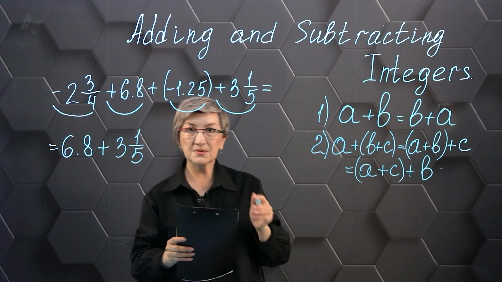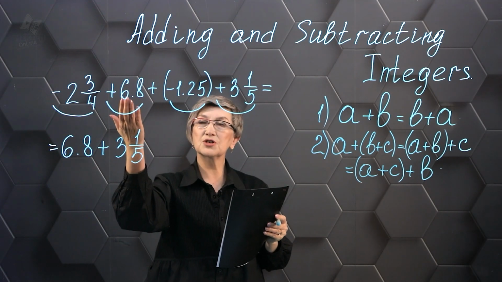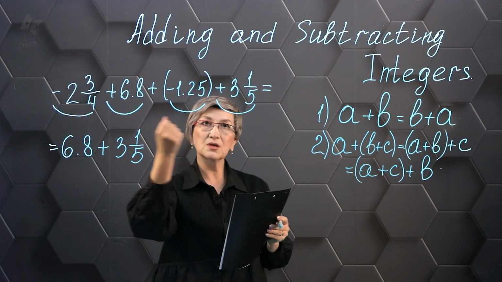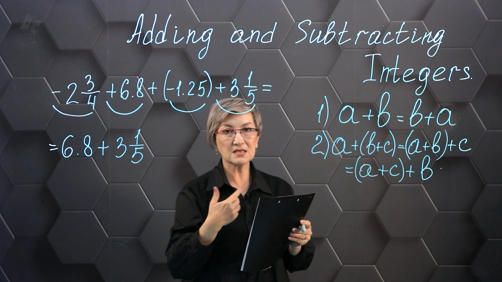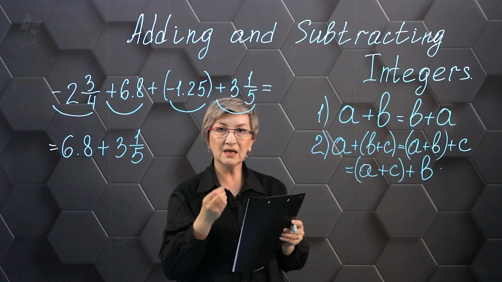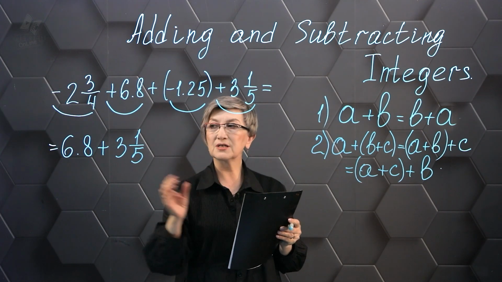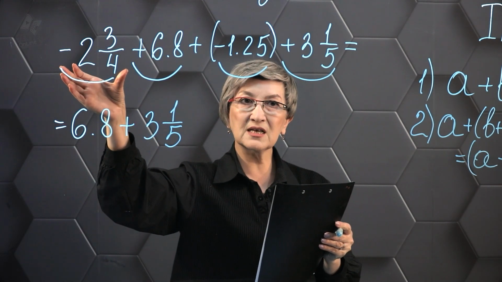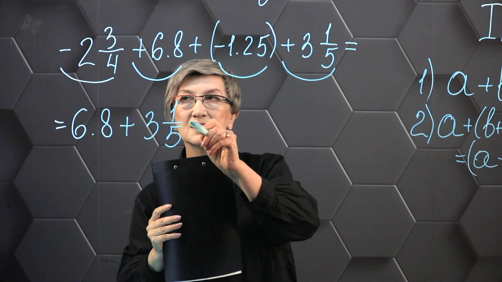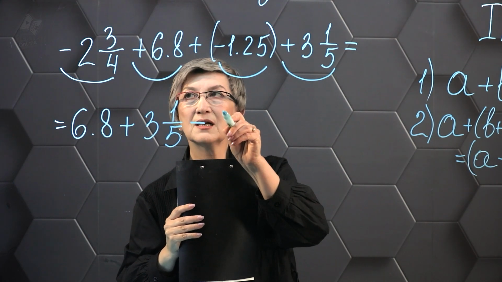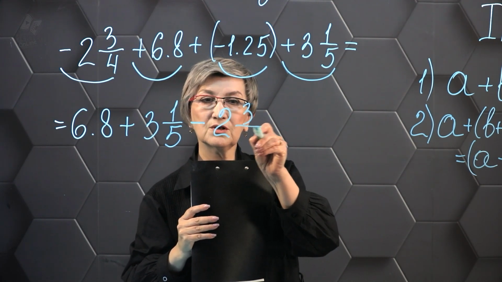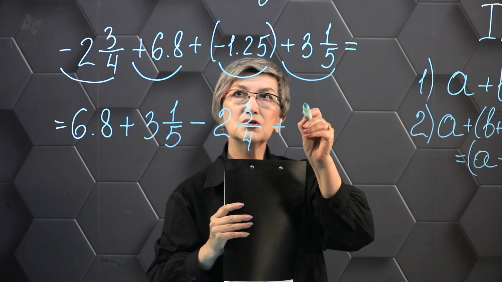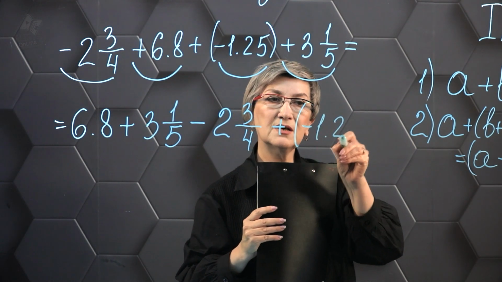Why did I write it down like that? The point is that the number 6.8 with a plus sign and the number 3.1 with a plus sign, I'm comfortable adding positive numbers with the same sign. And the number -2 whole 3/4, I'll write down as the third sum end: -2 whole 3/4 plus the number -1.25.